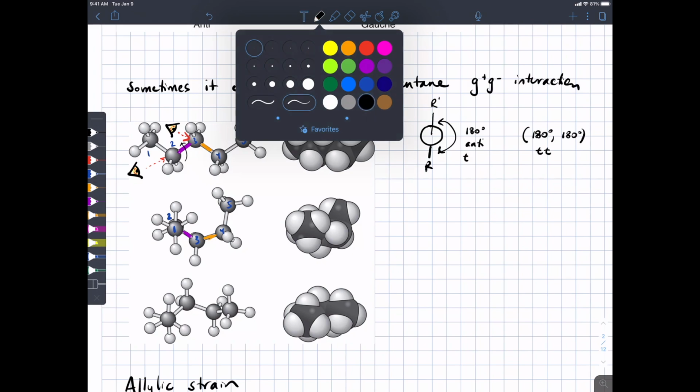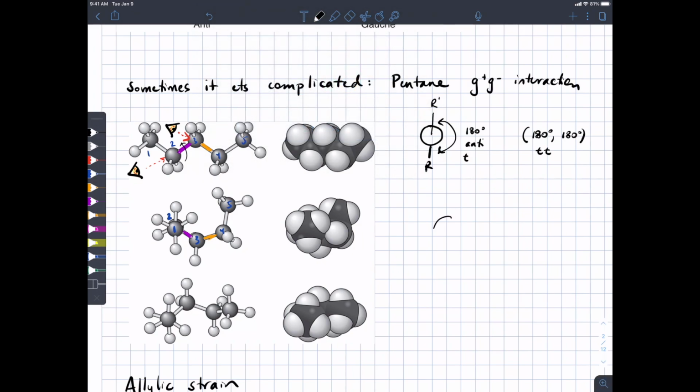So if we looked down the bond between 2 and 3, let's see, we would have a hydrogen here, another hydrogen there. It looks like on carbon 1 is a methyl group, so let's put that there. Carbon 3 in the back looks like we have hydrogen, hydrogen, and then the bond between 3 and 4.